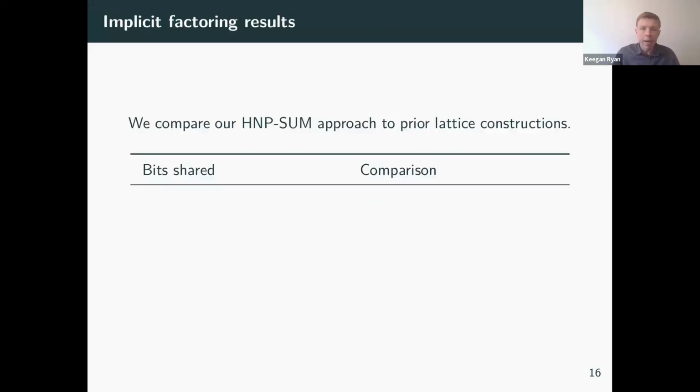Now, we can compare the performance of this reduction from the implicit factoring problem to HNP sum, and we can compare how our lattice-based approach for solving HNP sum performs when using it to solve the implicit factoring problem. We'll acknowledge that there are Coppersmith-based methods for solving the implicit factoring problem, but those aren't the ones we're comparing to here.